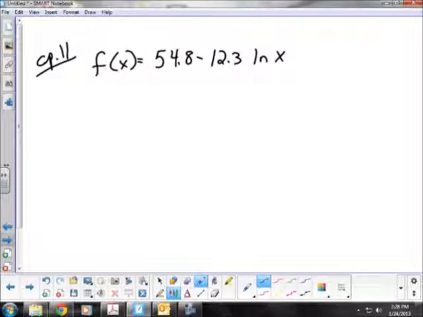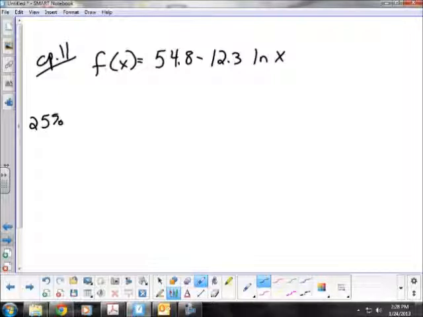So if it was 1, then it's 1,000. Everybody understand when it says the annual income in thousands of dollars? Okay. According to this function, what annual income corresponds to 25% of Americans saying that they're in fair to poor health? So where does that go?